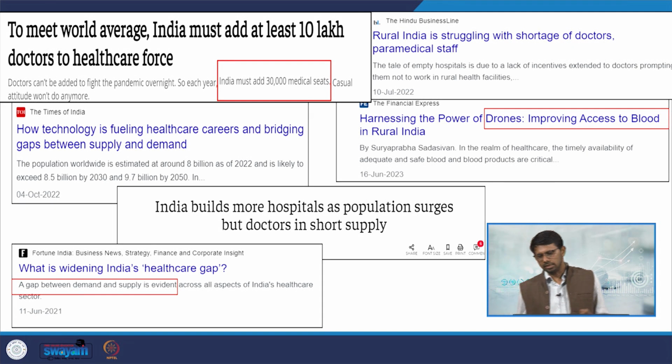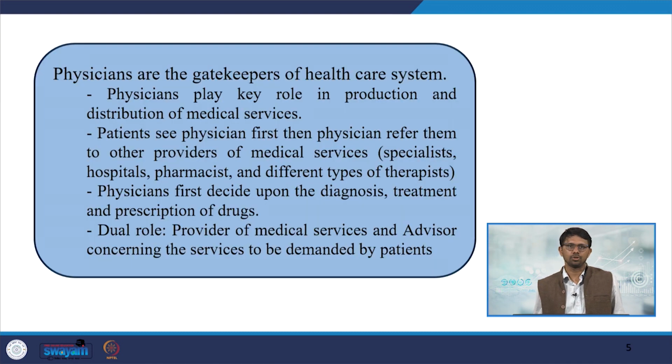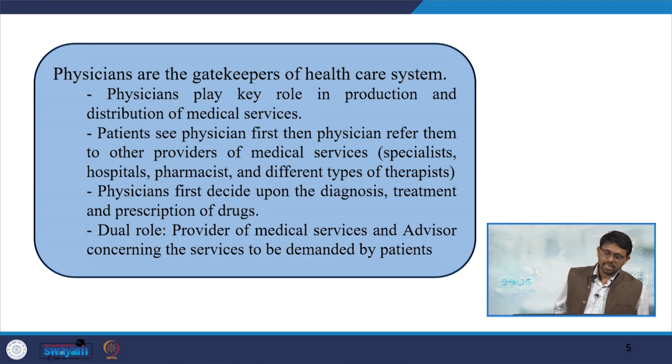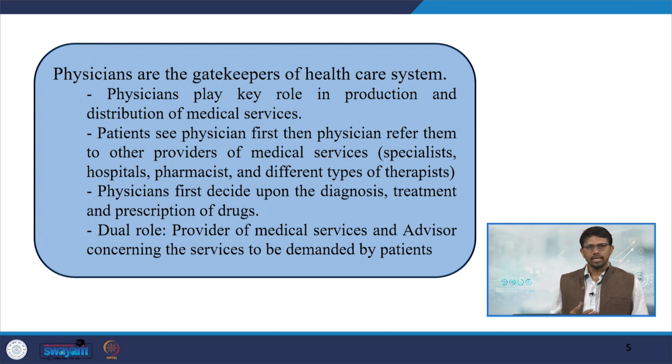We start with the physicians' perspective. At the last word I wanted to mention, India must add 30,000 medical seats in order to deal with the ratio. Physicians are the gatekeepers of the healthcare system. They play a key role in the production and distribution of medical services.